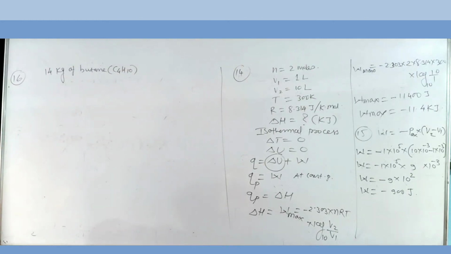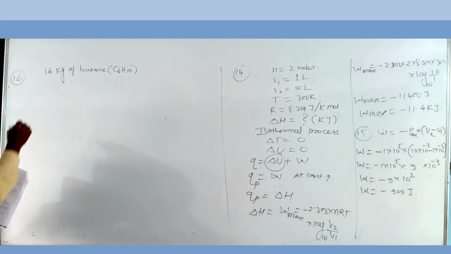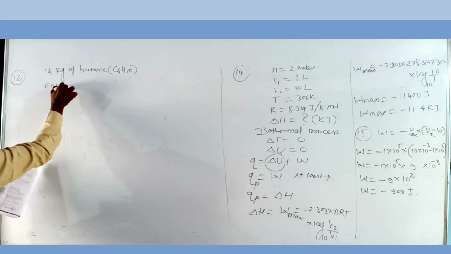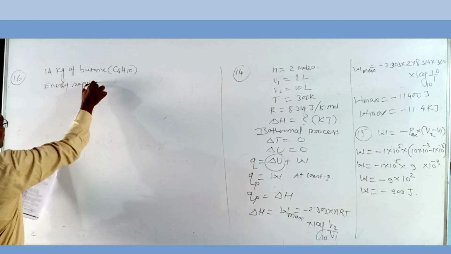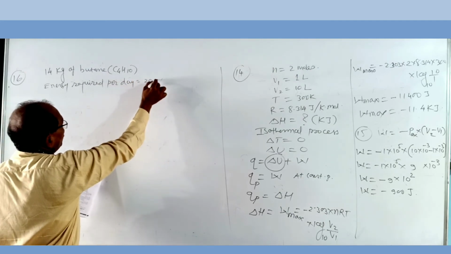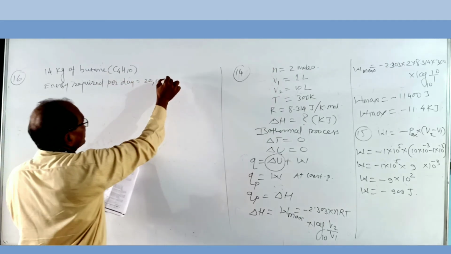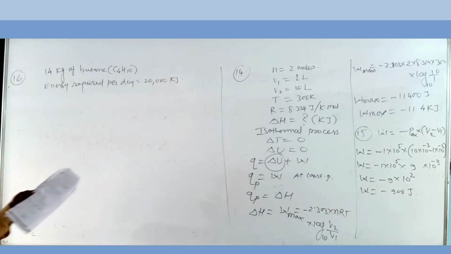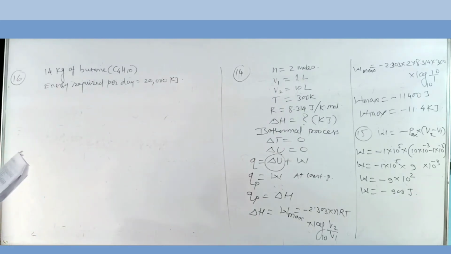If a normal family requires 20,000 kilojoule of energy per day for cooking, the butane gas in the cylinder lasts for how many days?